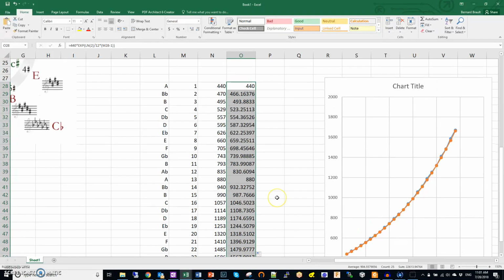So what you'll see here is that we have 440, and of course the next one up here is 880. But notice that all the notes now, the B flat is no longer 470. It's a little bit off, 466, and the next one is 493.88 and 523. So here's the tuning that we came up with for all the notes.